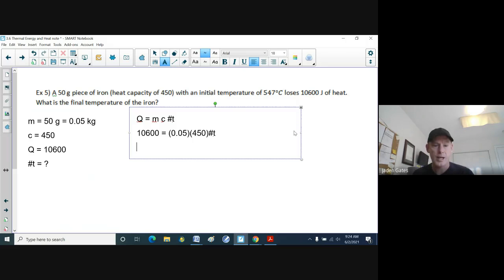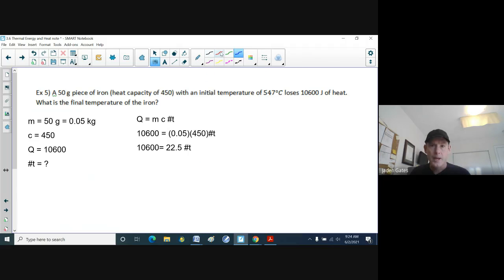Just simplifying things, I'm going to take that 0.05 and multiply it by 450, and I end up with 22.5 times delta T. So I'm going to divide both sides here by 22.5. Those divide each other out. Then I have my delta T.